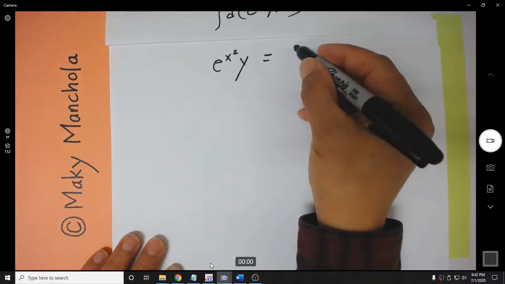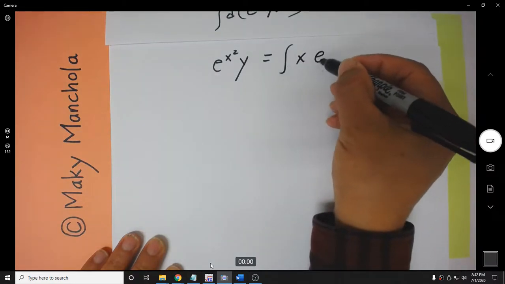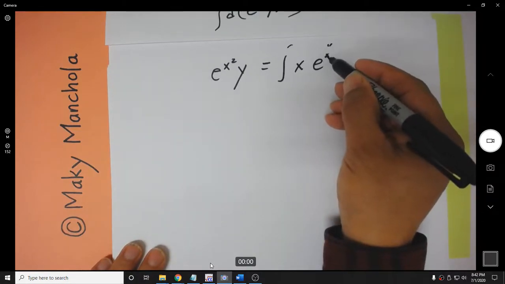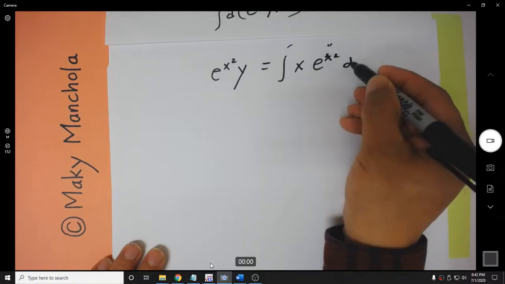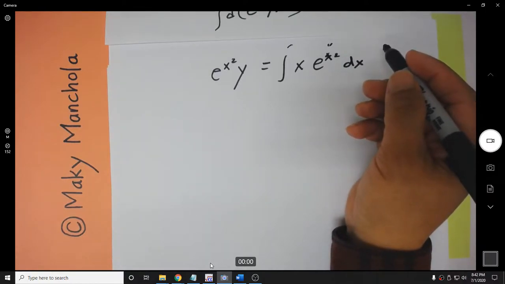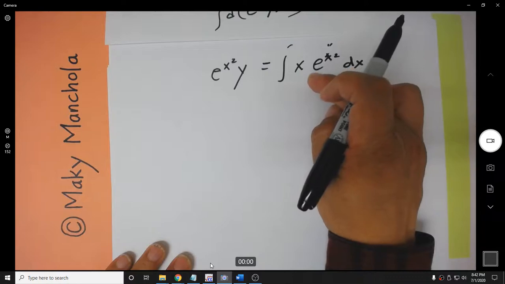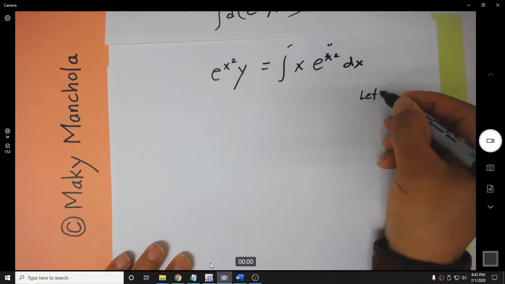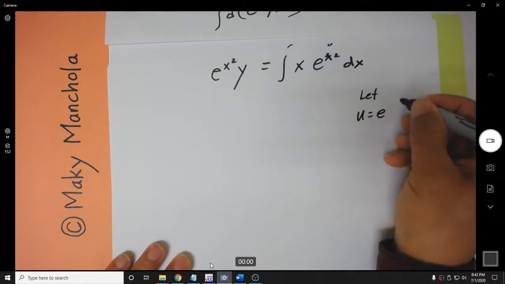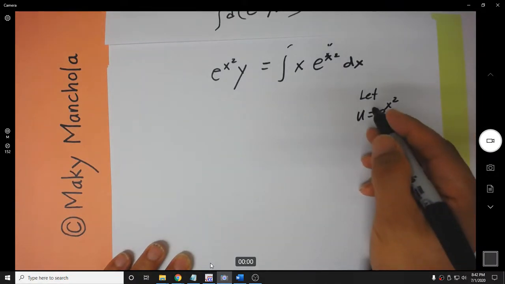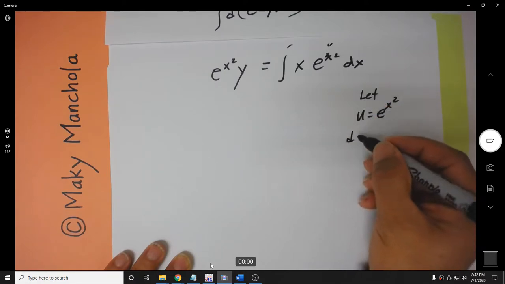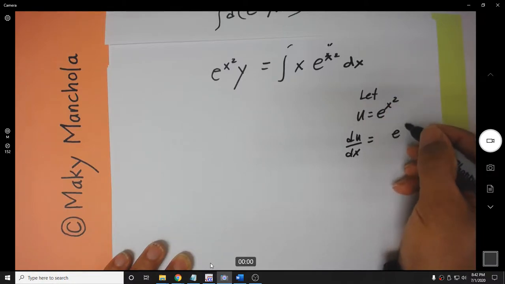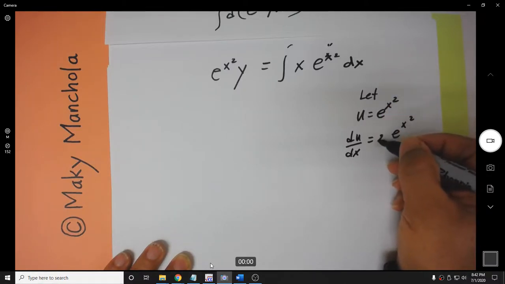The right side might seem a difficult integral, but if you make a substitution, if you let u equal e to the x squared, the derivative with respect to x is going to be e to the x squared times the derivative of x squared, which is 2x.